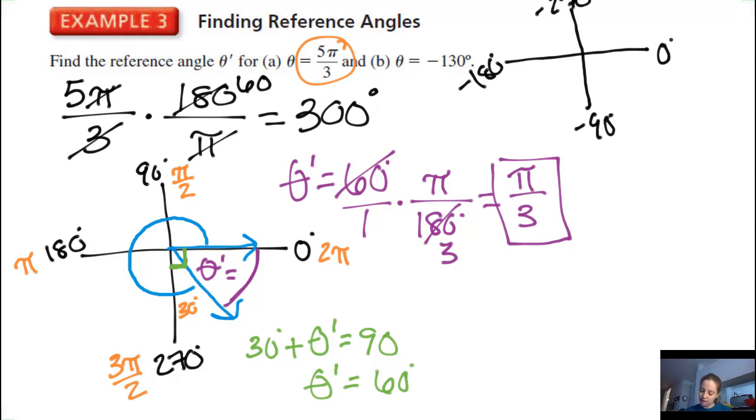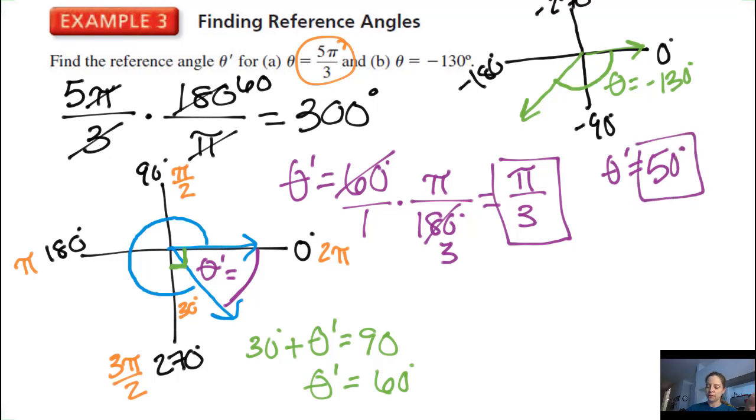Negative 130 is about there. So this is theta, negative 130 degrees. What I'm missing to get to negative 180 is 50 degrees. Therefore, theta prime is 50 degrees.